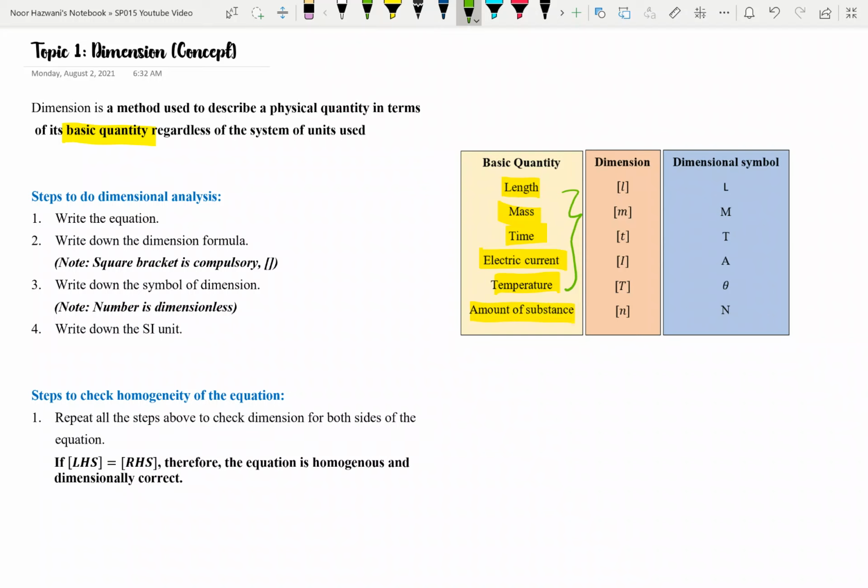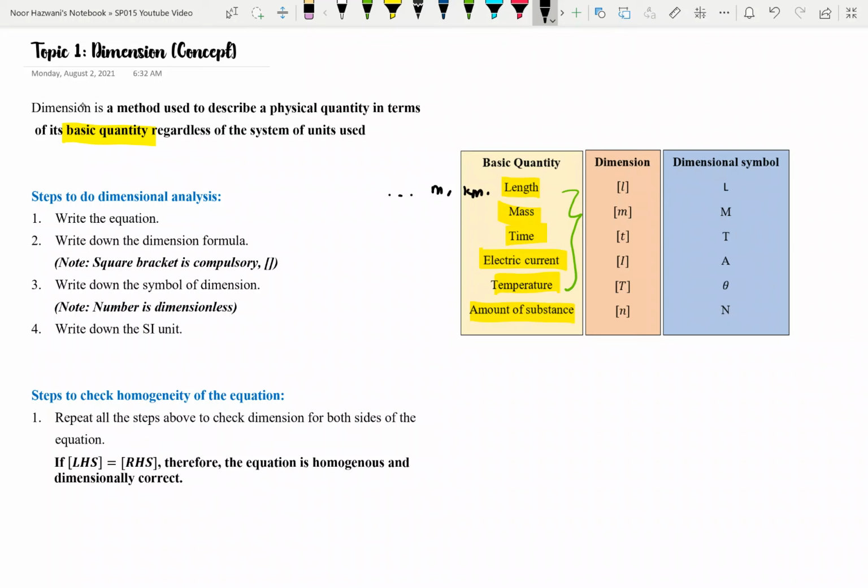That's the basic unit. Dalam basic unit ni macam-macam unit yang kita gunakan, system of unit. So for example, length ni biasanya kita guna meter, and then sometimes we are using kilometer and so on. Cm kan, betul, length.